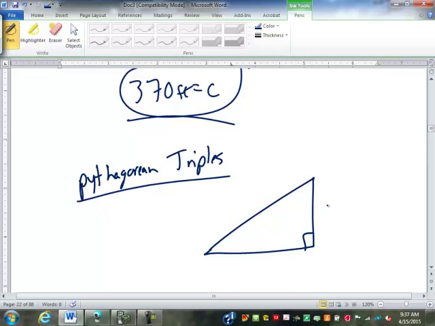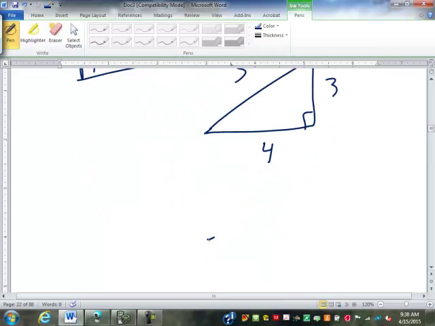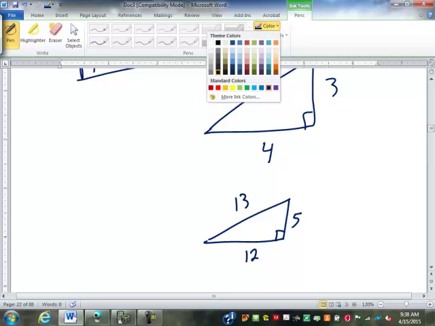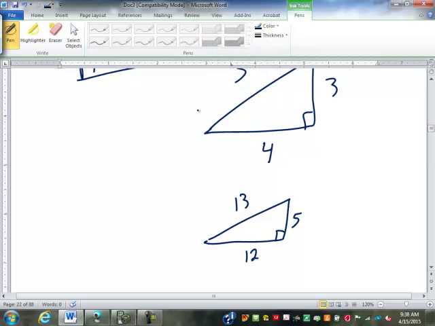For example, a common one is 3, 4, and 5. That's a Pythagorean triple. Because 3 squared plus 4 squared equals 5 squared. Another common one is 5, 12, and 13. But you can create as many of these as you want to.